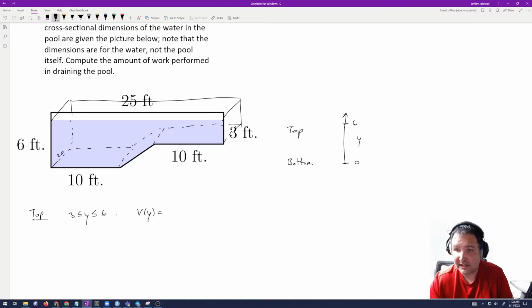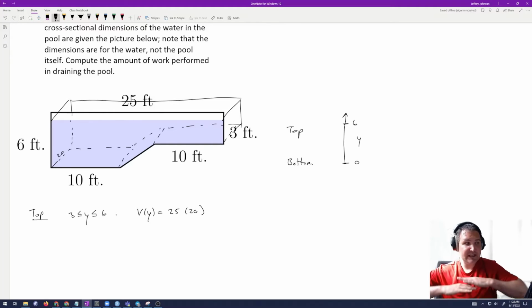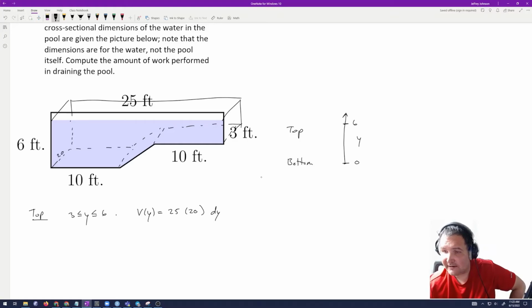We have a 25-foot long pool that's 20 feet wide, and that's going to be the rectangular area across the top of the pool. And then a little bit of depth is a change in y. Okay, so y is the variable that we want to integrate with respect to, so we're going to call that dy. So you end up getting 500 dy for an expression involving a really small bit of volume at that level in the pool.